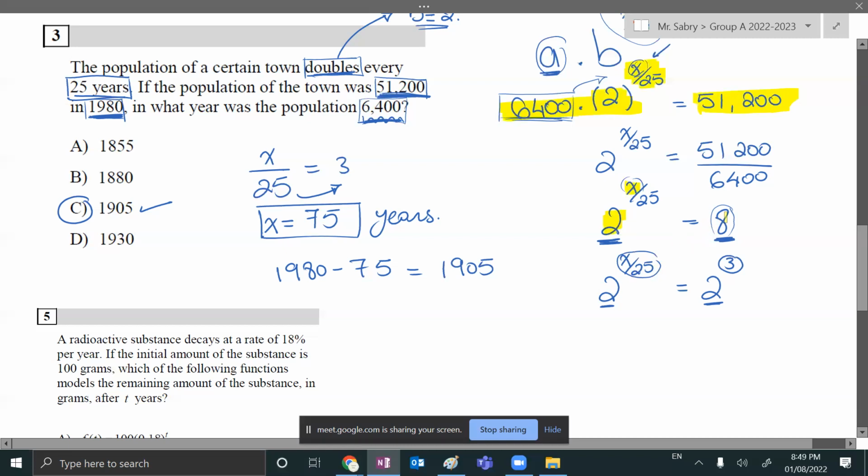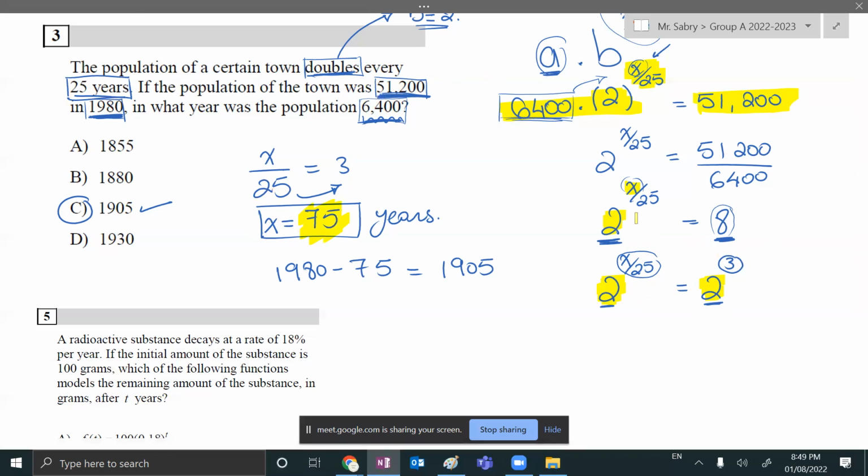So I have to change the 8 and make it 2 to the power of something. Now they're both 2. So I can say that this power, x over 25, is equal to this power, which is 3. So I moved the 25 to the other side, and I got x, which is the number of years for this transformation to happen. So if they reached the 51,200 in the year 1980, and I go backwards this amount of years, then I will know when it was actually 6,400.